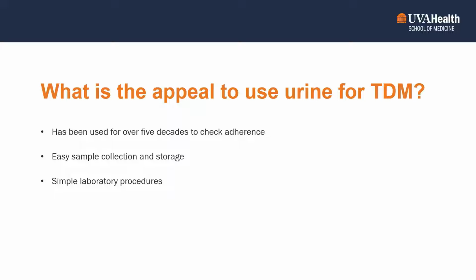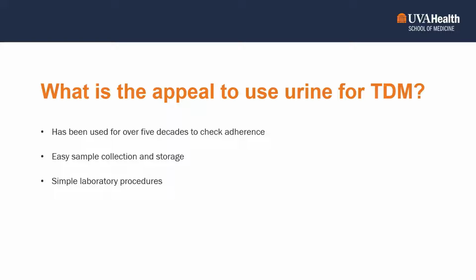And urine colorimetry, which is what is commonly used, uses simple laboratory procedures. It doesn't use HPLC just yet. Of course, we can also use HPLC to quantify drug concentrations, but more commonly it's either colorimetry or visual detection that's been used.